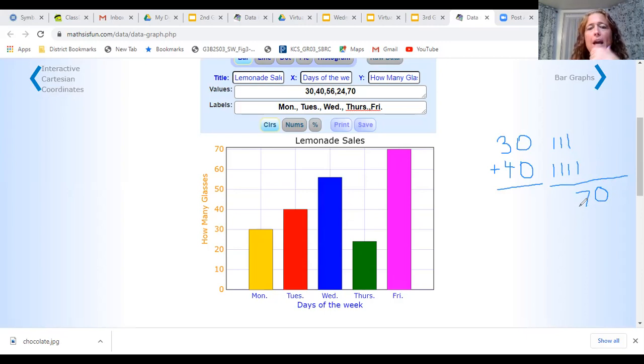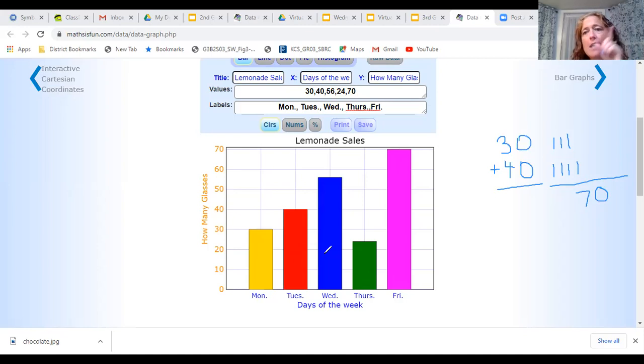Now we're going to try a question that is much more difficult. This question is, did the children sell more glasses of lemonade on Monday and Tuesday or on Wednesday?